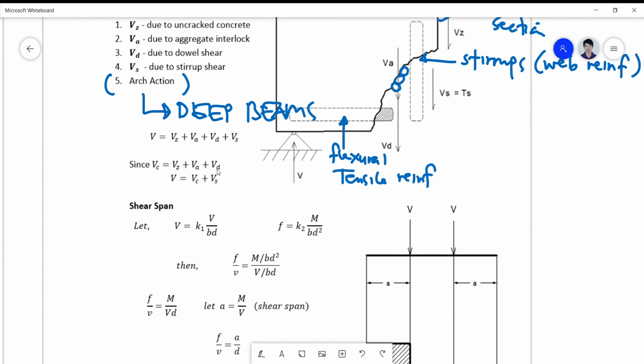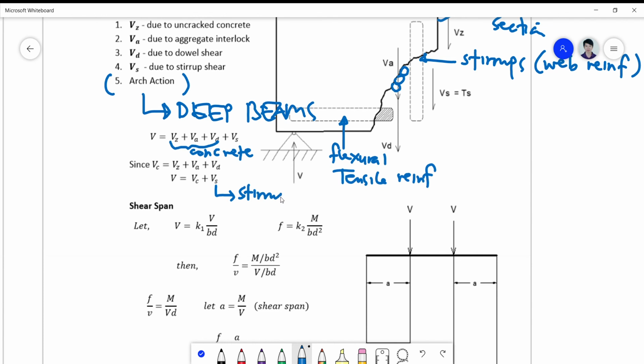Okay, and you will notice that Vc, Va, and Vd are attributed to the concrete contribution. Although the dowel is steel, it is still considered part of the concrete mechanism, and your Vs here is now your stirrup contribution.